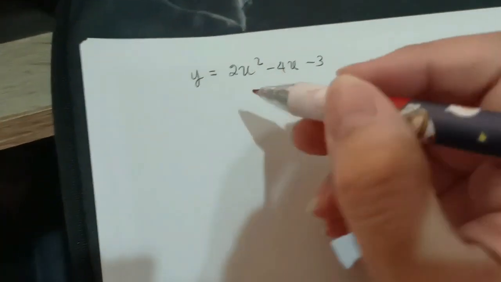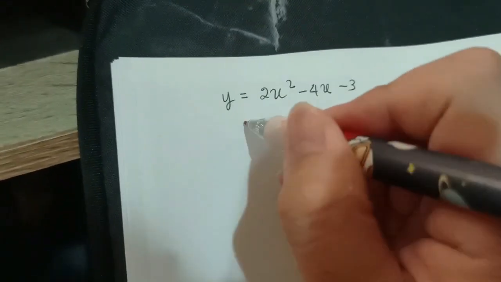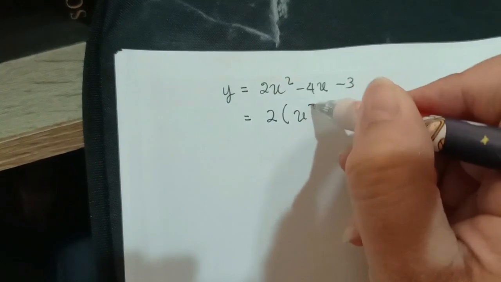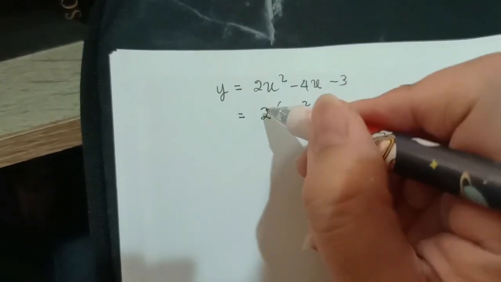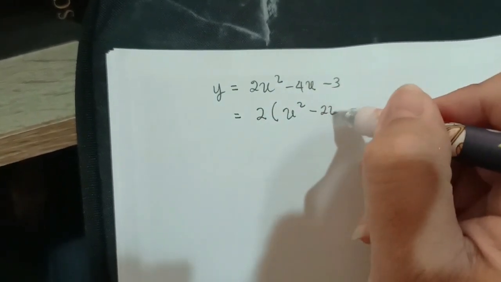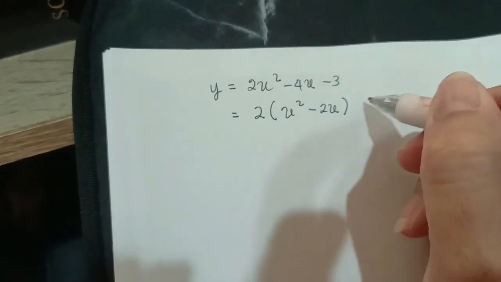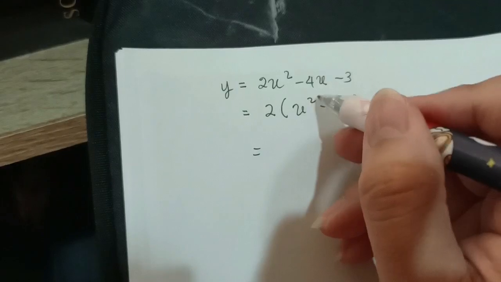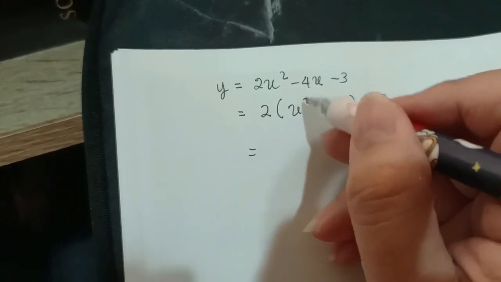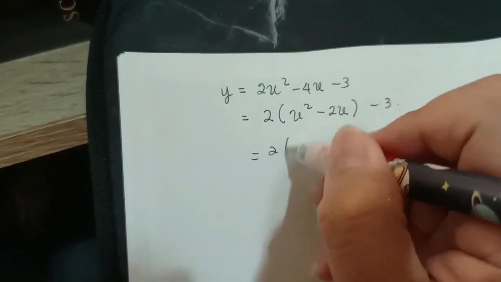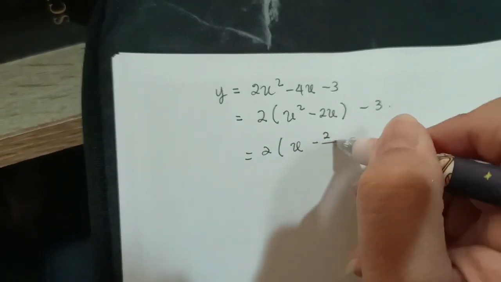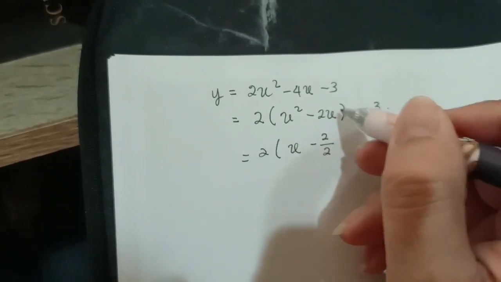Now we are going to eliminate the 2 first. 2 in the bracket, x squared minus 4 divided by 2 is 2x, in the bracket minus 3. We are going to remove the quadrat over here, so it will be 2 divided by 2, x also gone.